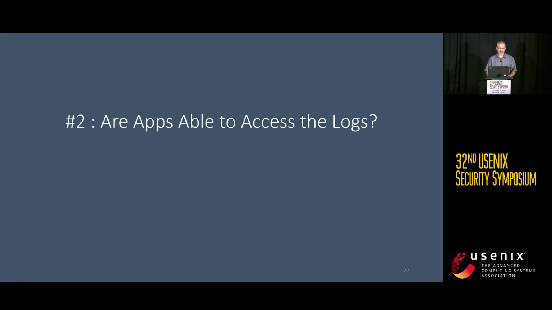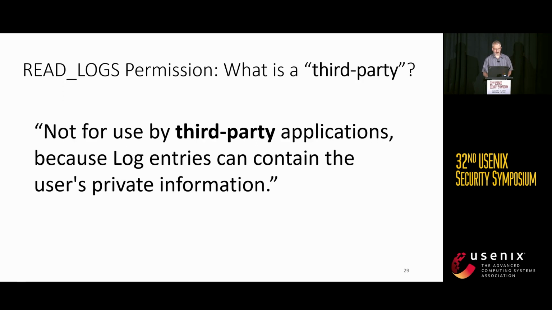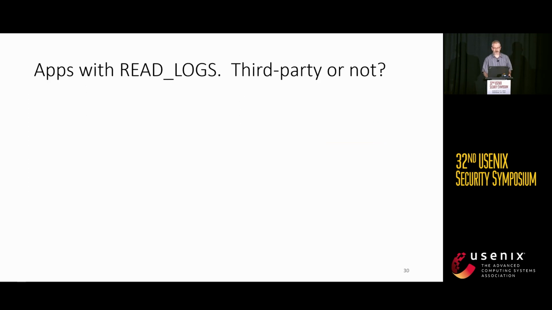So are apps able to access the logs? Can anybody read them? Well, we cross-referenced the data from our field study, from the models that we saw there, with a previous work that collected data. And we found that there were a lot of different apps on each of the phones that could read the logs. And as we've seen before, this is the read logs restricted permission. It says not for use by third-party applications, but what is a third party in this context?